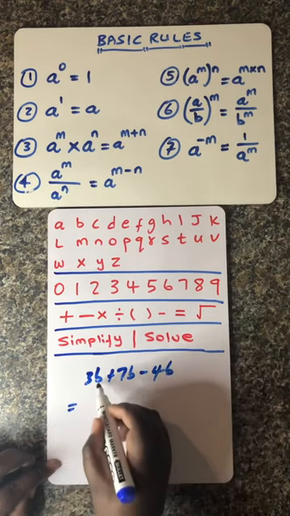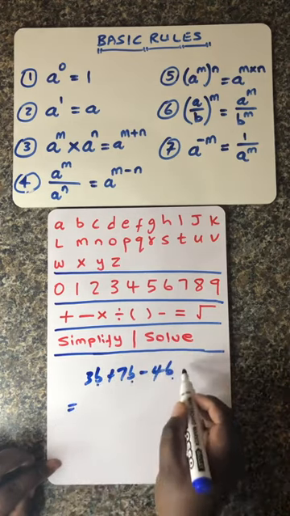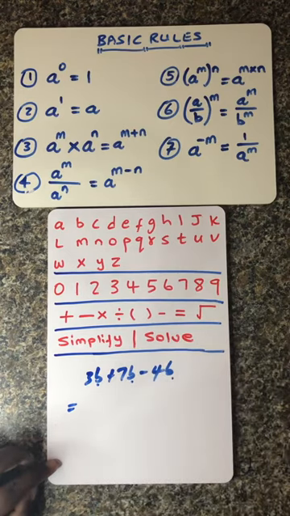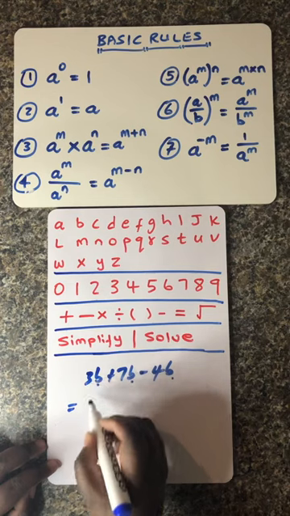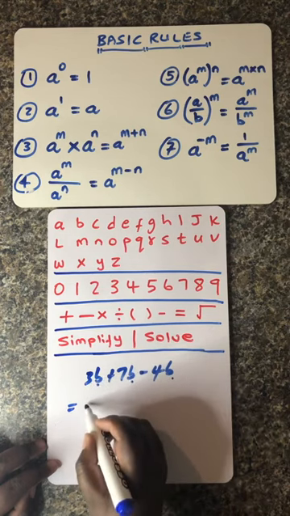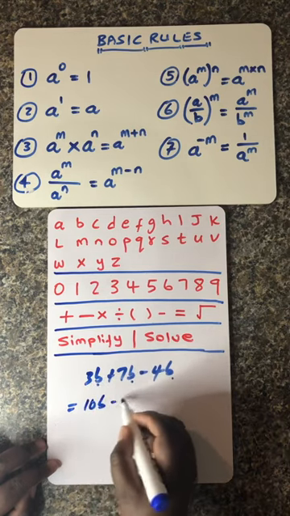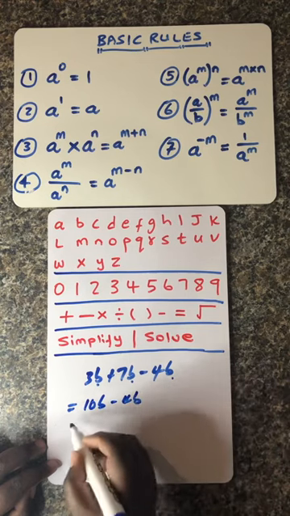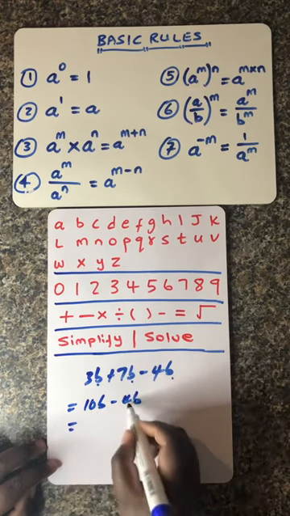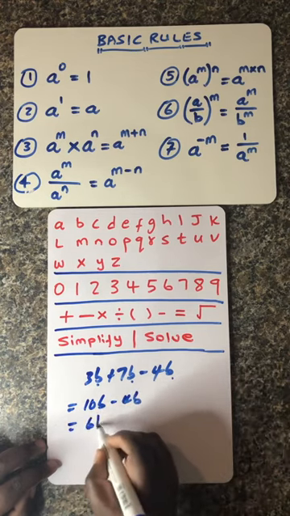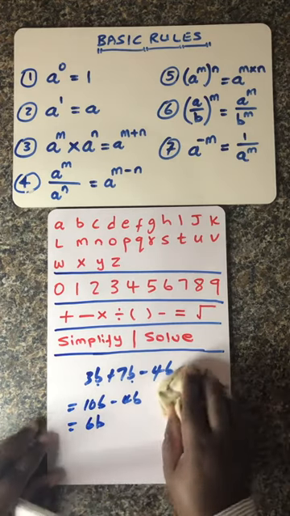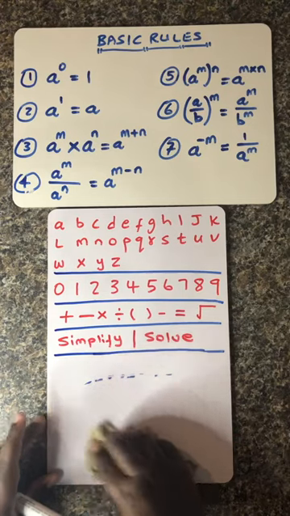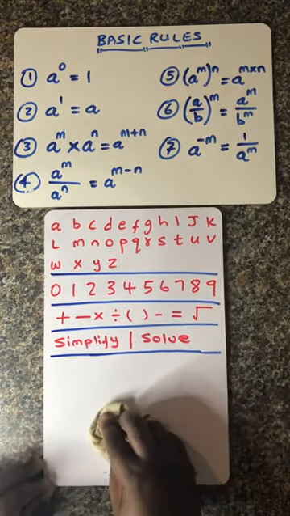That means I've got b, b, b, so I can work them together because they're the same letters. So 3 plus 7 b is 10b, minus that 4b. 10b minus 4b equals 6b. Okay, so this is how you would simplify that expression if it's given to you.